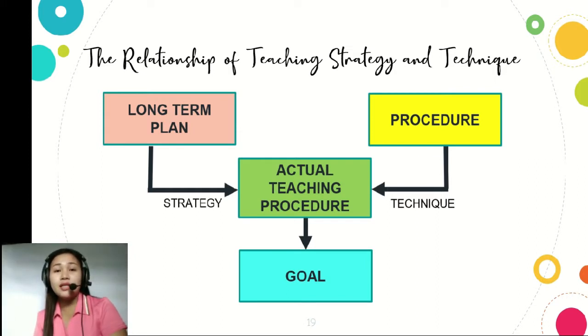What could be the skills teachers aim to enhance using the strategies and techniques? As you can see, there are lots of strategies used in a classroom by every teacher, and one of them is the questioning strategy, which was previously mentioned in our strategies and techniques of language teaching.